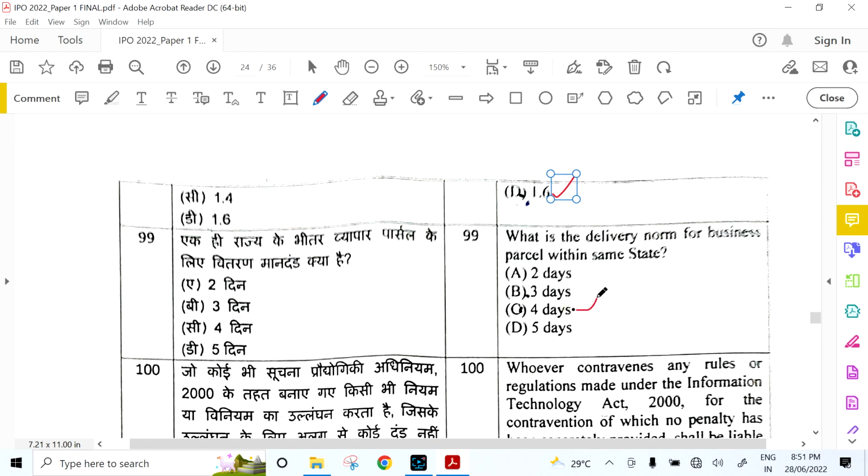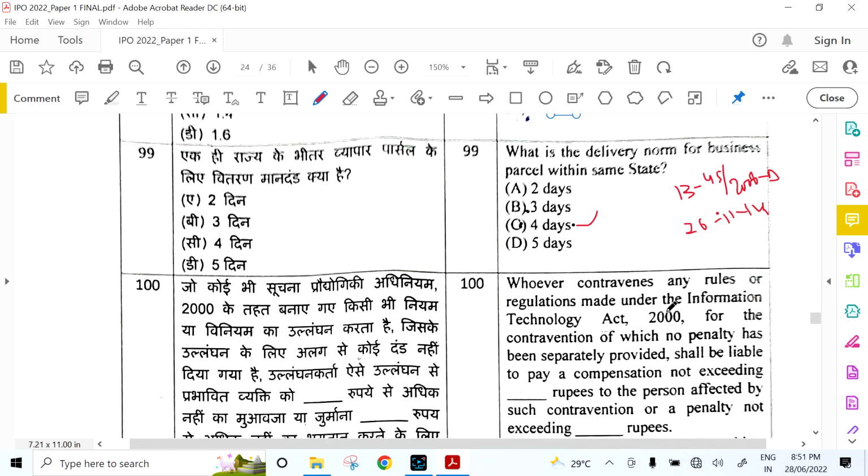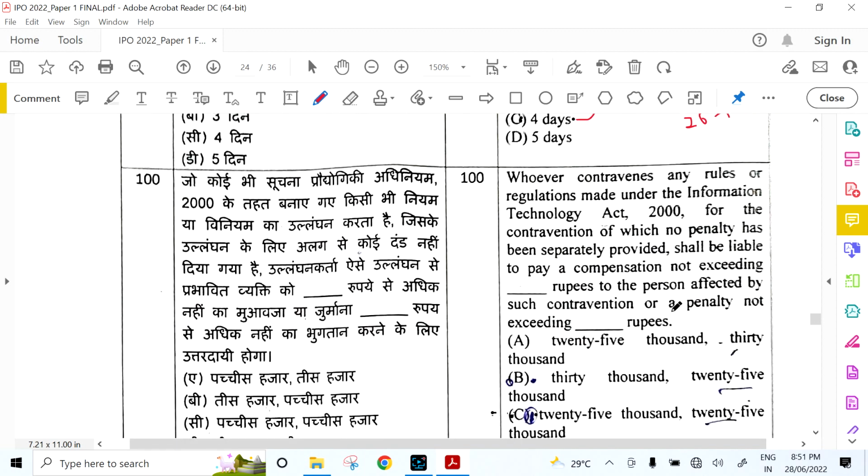You will find this answer in one memo from Directorate 13-45-2000 2008-D dated 26/11/2014. In this memo you will find this answer. In websites you find it as some 3 to 6 days.